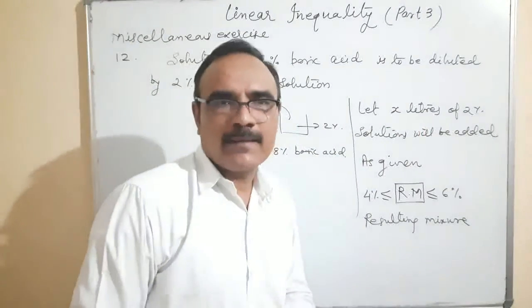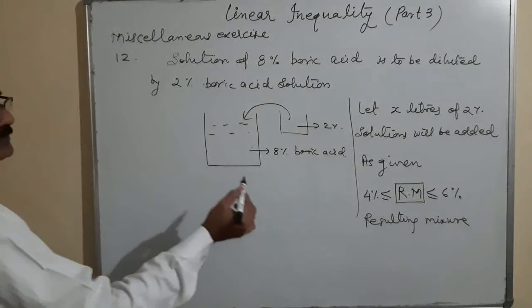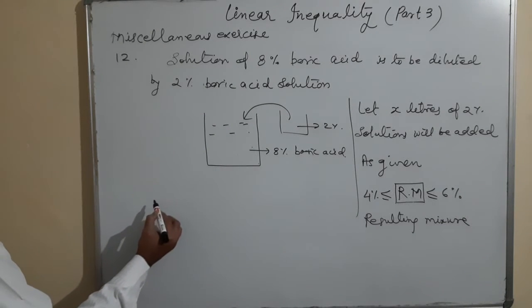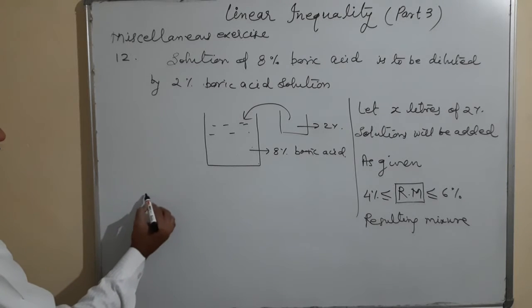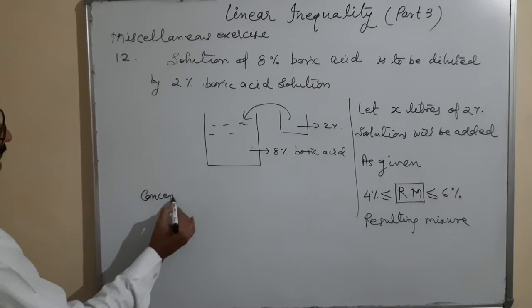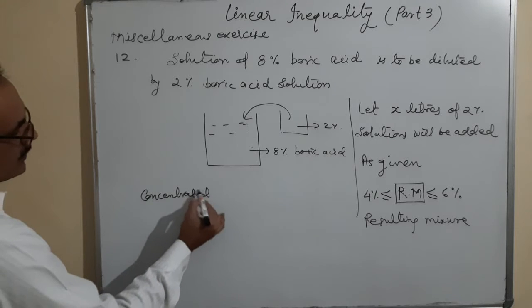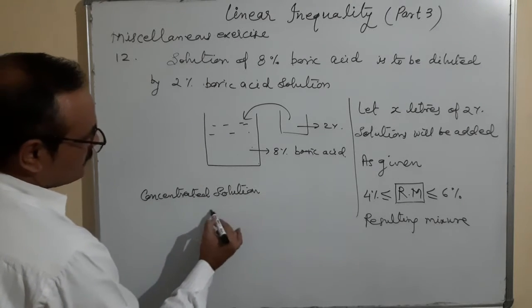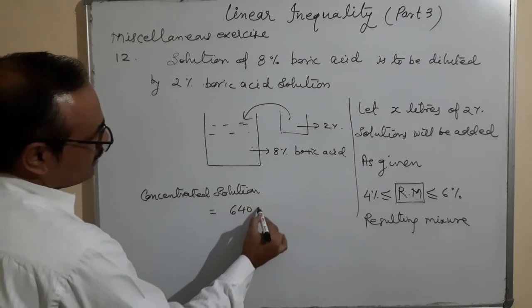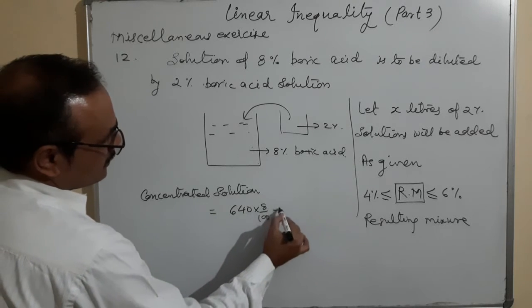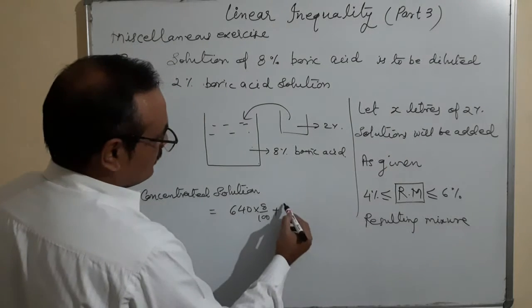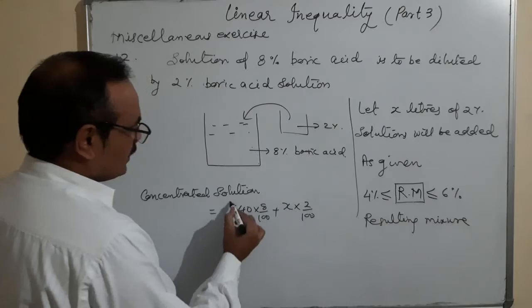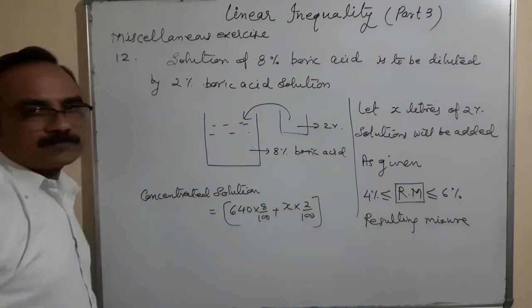That means the concentrated solution is equal to 640 of 8% plus X liters of 2%.